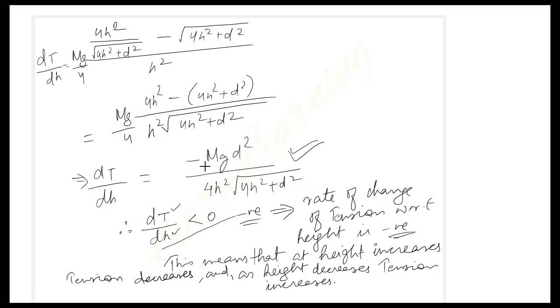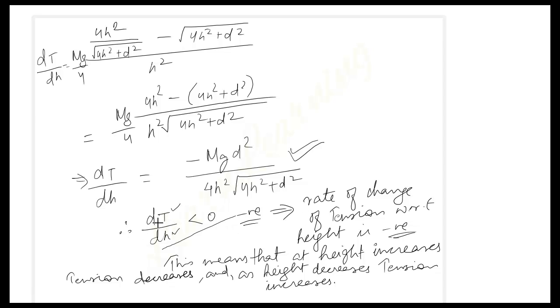This is simple mathematics. So the differentiation of T with respect to h comes to be minus mg d square by 4h square under root of 4h square plus d square under root. So you see here that the rate dT by dh is negative. What does this mean?